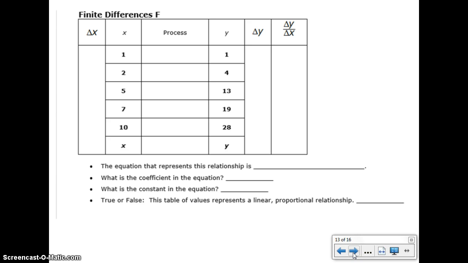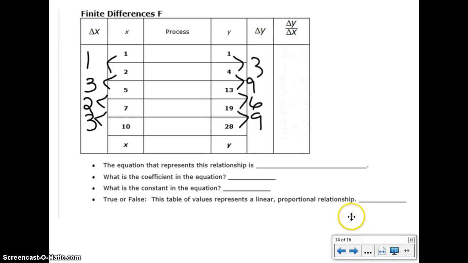So this graph does not go through the origin. As we fill in finite table F, please pause your video to find the rate of change on your own and then check it with me. Your rate of change should be 3. Use your rate of change to fill in the process column in your table and then check with mine.